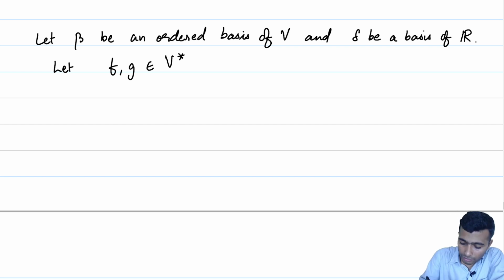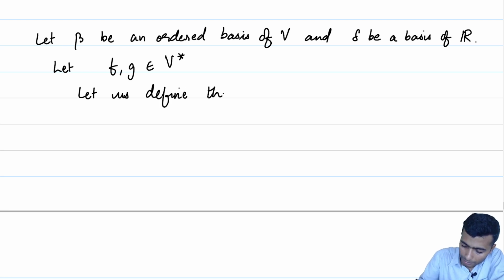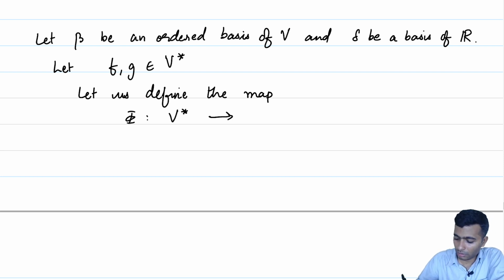So, let us define the map, let us call it phi, from V star into the matrices of size 1 cross n of R, which can be identified with Rn, but we will come to that later.